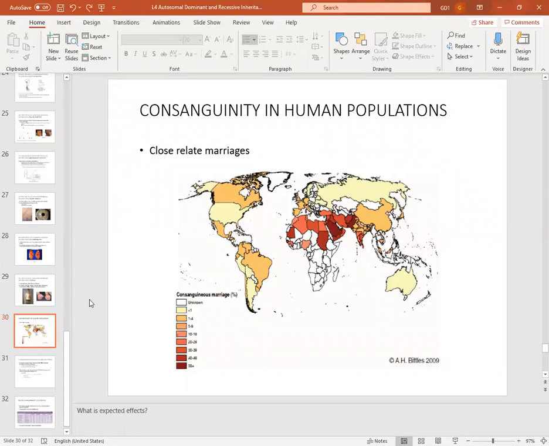The head of the very first population in Utah, his name I remember is Brigham Young. He had a lot of wives and a lot of children, and he was also the head of the religion. So you think about his genes being transferred to the next generation, and this next generation can marry each other.